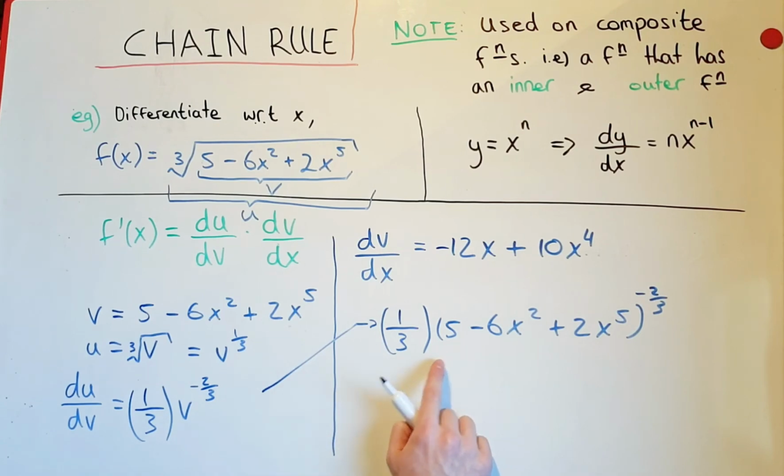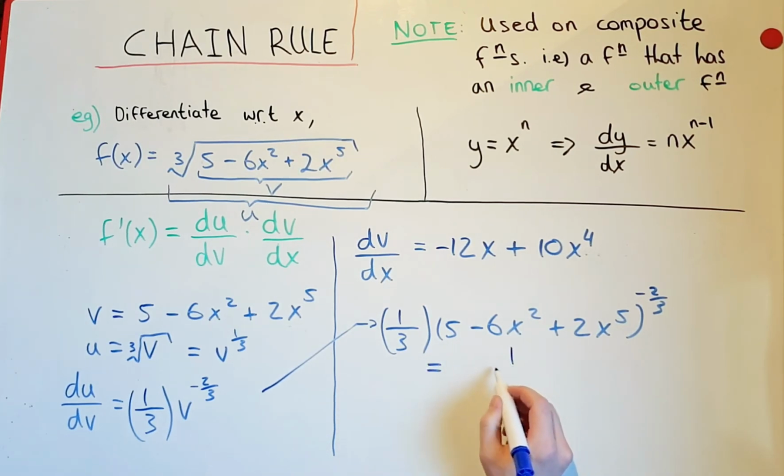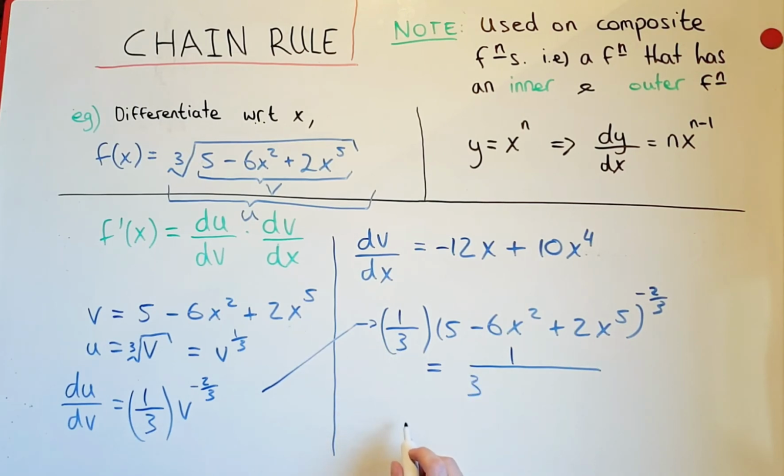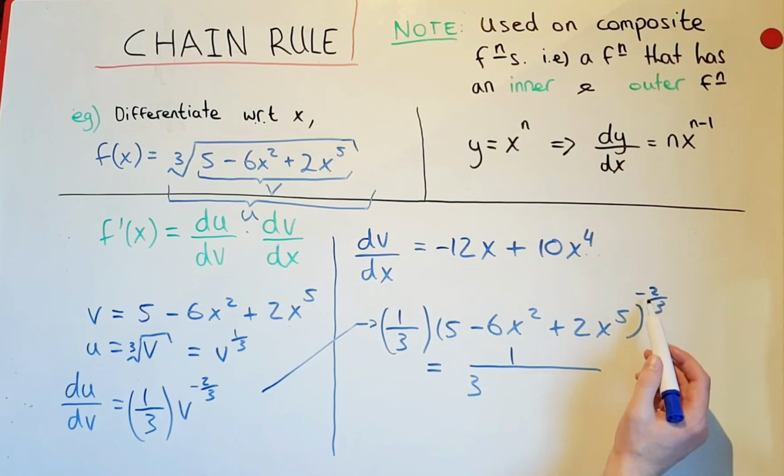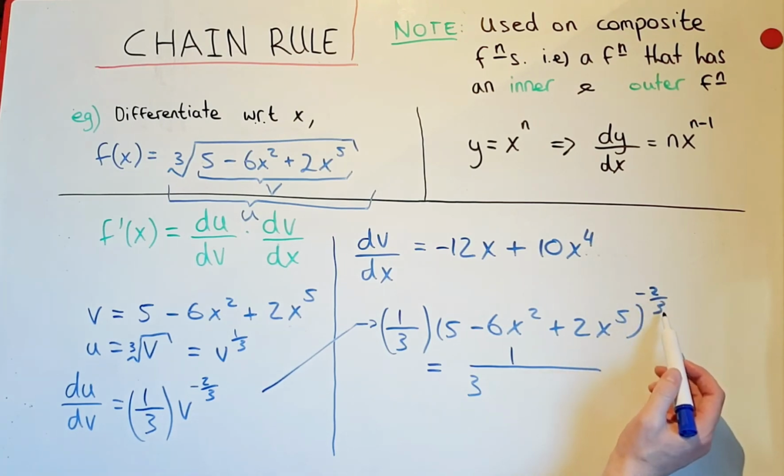So what we're going to do is rewrite this second one, as it's a little bit messy here. So just rewriting that will give us 1 over, that's going to give us a 3 here in the denominator, and then a minus 2 over 3. So when you bring this under the division sign, this will turn to a positive 2 over 3.